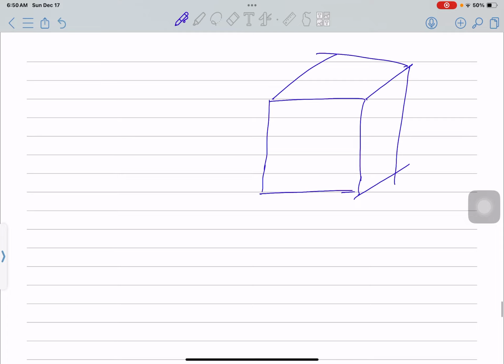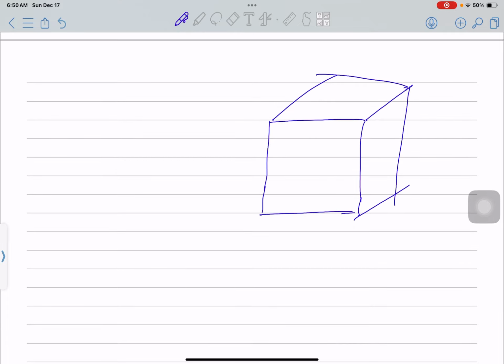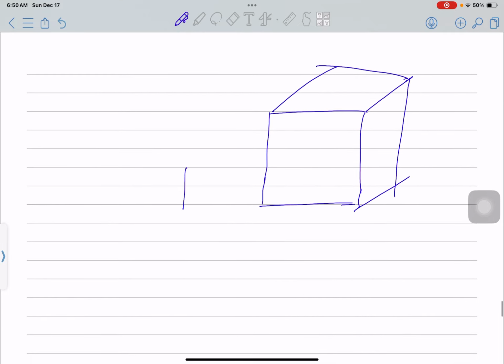So we will take a look at a 3-dimensional cube. We have here x and y and z. Take a point inside the cube, at a distance of delta x over 2 from each face.